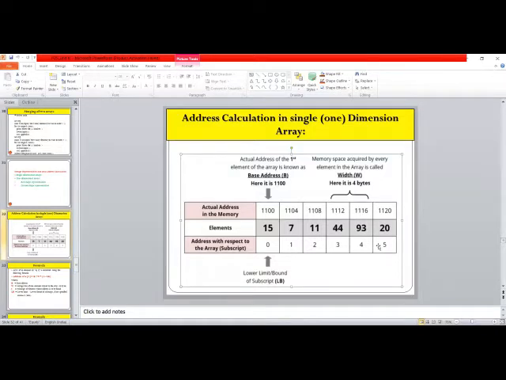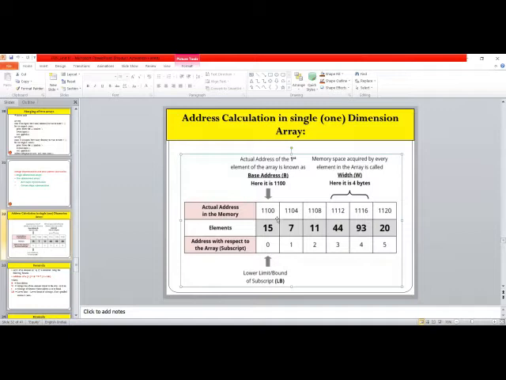They have nothing to do with the memory. But what you are seeing on the screen, that is 1100, 1104, 1108, 1112, 16 and 20, are the actual memory locations where these elements are stored inside the memory.